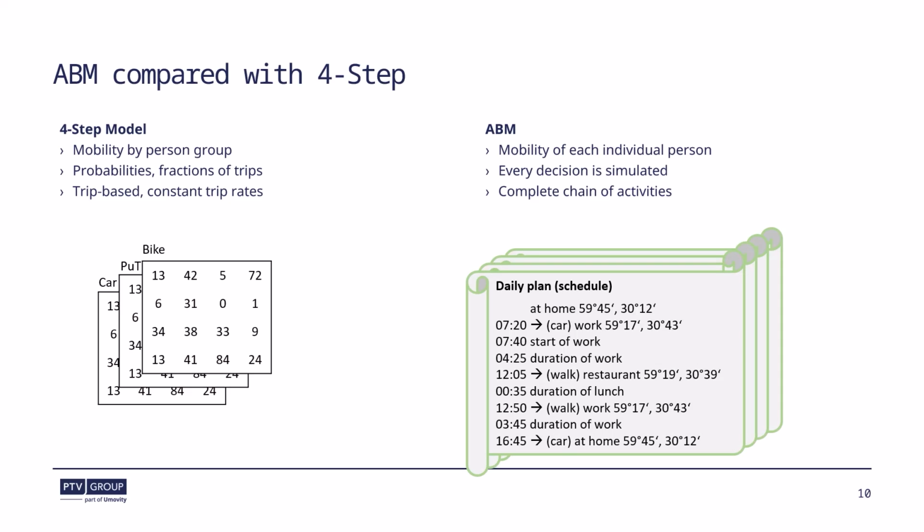The result structure of an ABM is a daily plan, one daily plan for each individual person. And this daily plan includes a lot of detailed information about the activity chain, about the start of each activity, start time of each trip, end time of a trip, duration of an activity, duration of a trip, and so forth and so forth.